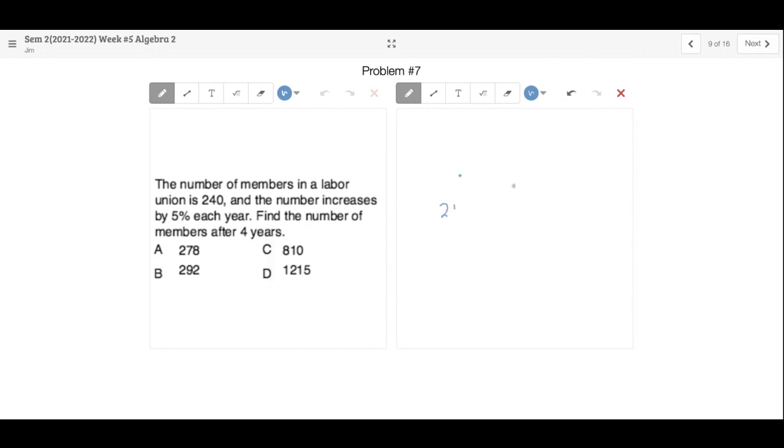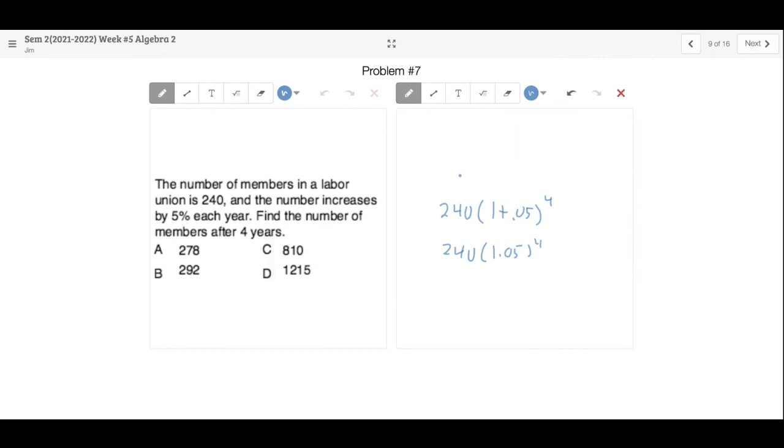So if I did this problem, it's 240 times 1 plus 0.05 to the 4. So 240 times 1.05 to the 4th power, and my answer is 292, or B. All right. I agree with you guys.